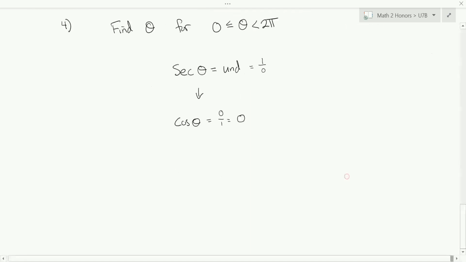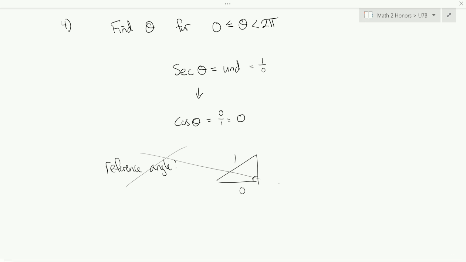And so then, okay, reference angle. We're looking for that. We draw our right triangle, and we're like, okay, this is 1. Cosine side length of 0? Not making sense, right? So sometimes this reference angle idea won't work out. And if it doesn't work out, that means you're not in a quadrant.